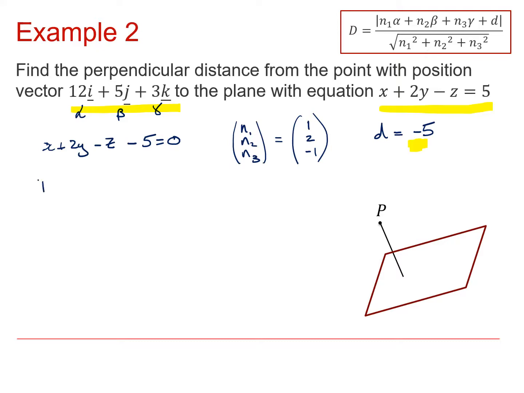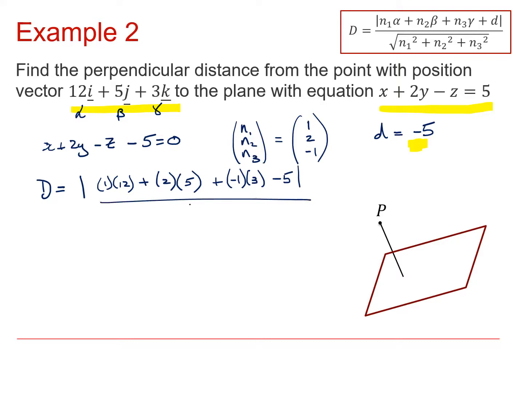So my distance now is the modulus of n1 alpha, so that's 1 times 12, plus n2 beta, so that's 2 times 5, plus n3 gamma, take away 5 at the end.